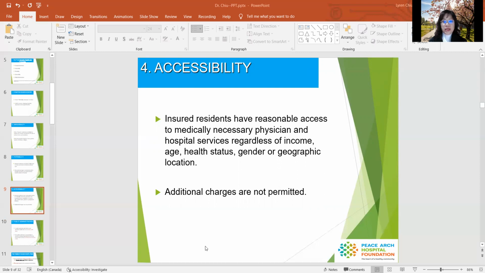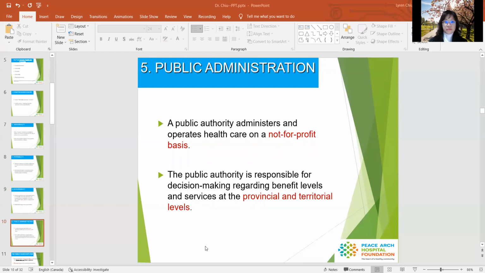They should not ask for additional charges. Public administration. The provincial and territorial plans must be administered and operated on a not-for-profit basis by public authorities accountable to the provincial or territorial government.